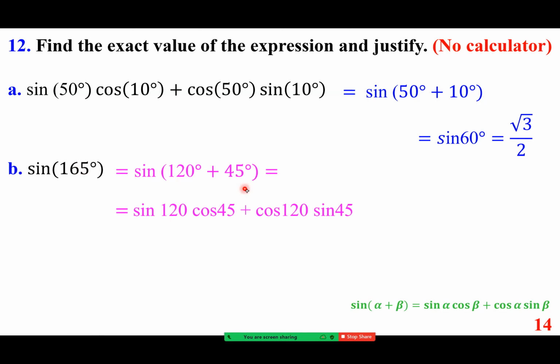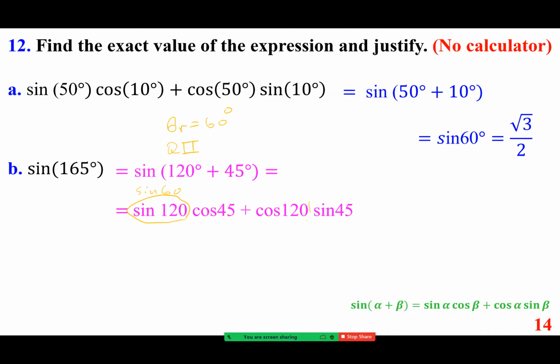Now, 120 degrees is in quadrant 2 with the reference arc of 60 degrees. So this is the same as sine 60 because in the second quadrant, sine is positive. So it's square root of 3 over 2. Cosine of 45 is square root of 2 over 2, plus cosine of 120.